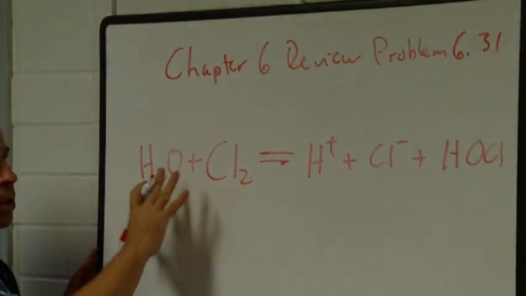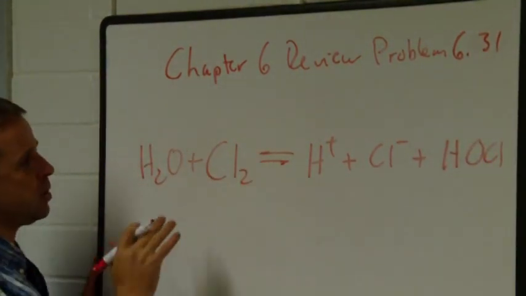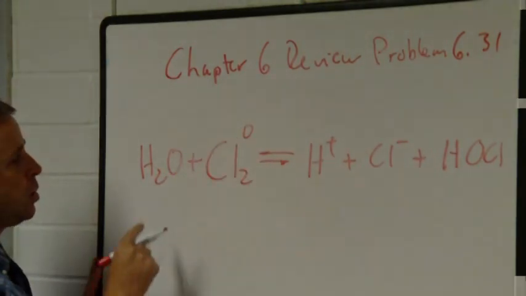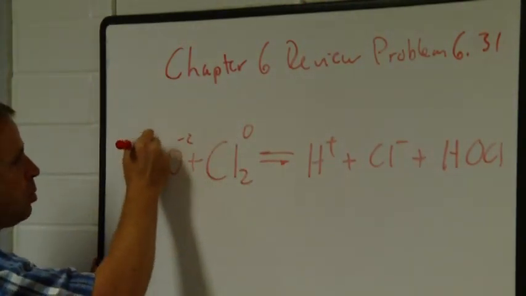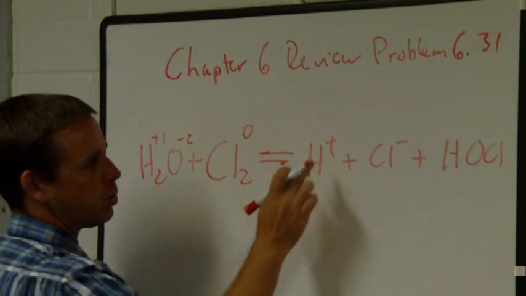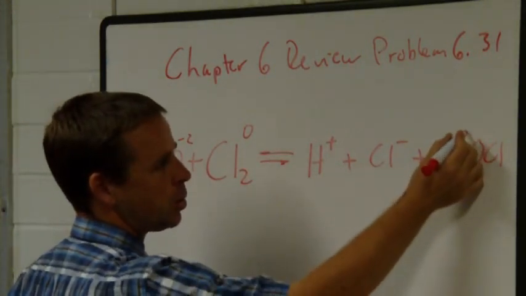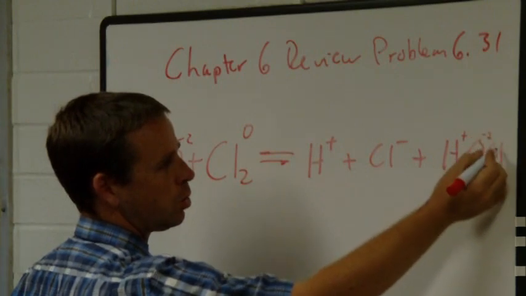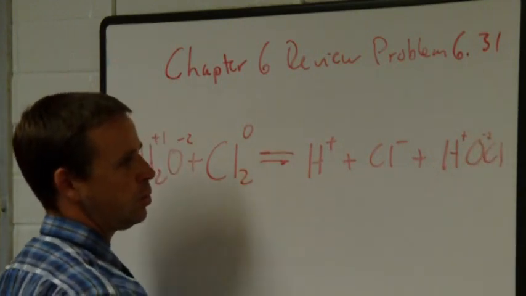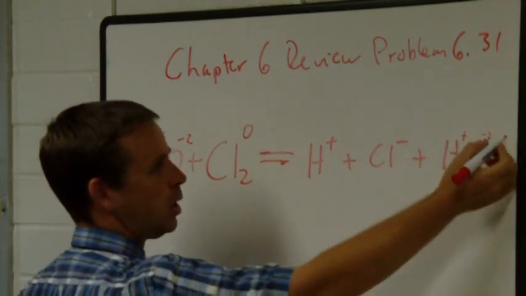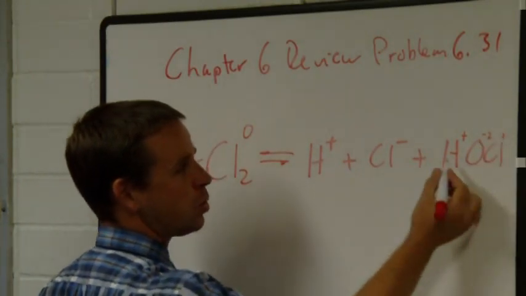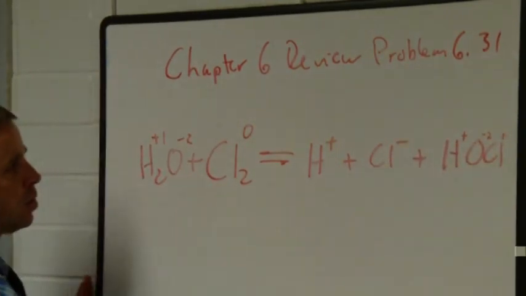Okay, so we can look at the oxidation numbers for all the elements here. Oxidation number for chlorine is 0, oxygen -2, hydrogen +1. Hydrogen here is a +1, as the charge is the oxidation state for both of those. Hydrogen +1, oxygen -2, chlorine. So what is chlorine going to do? Well, chlorine has to be a +1 here so that this whole thing has a stable charge.